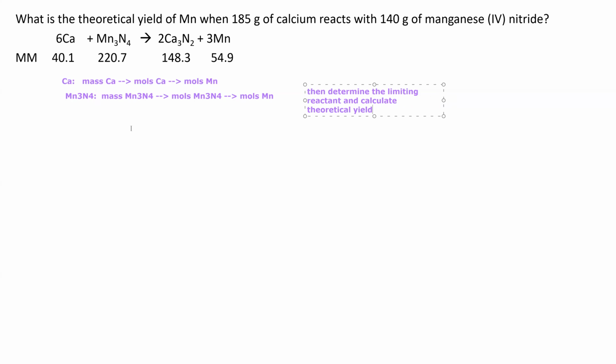Let's go ahead and start. So we'll go ahead and set up for calcium. It already gives us a balanced chemical equation. We already have the molar masses of our reactants and products. So for calcium, again, we're going to start with its mass.